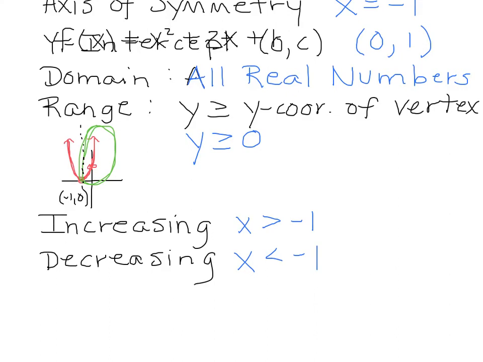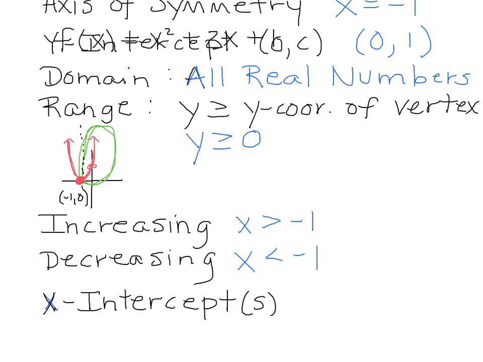Okay, so we can just take a look at our sketch here to talk about the x-intercepts. Now normally there are 2, but if you'll notice on our graph, there's only one place where this parabola touches, doesn't cross, our x-axis.